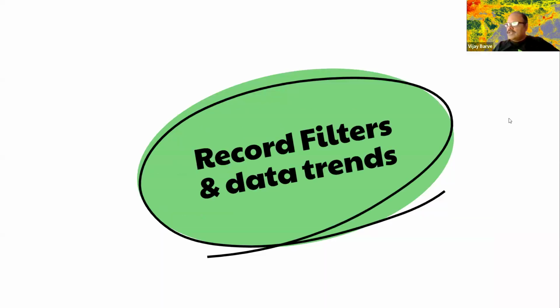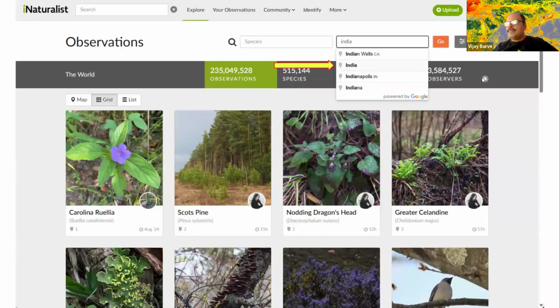First, I'll start with record filters and data trends, and how to explore them. For filtering data, you click on the Explore menu item. Once you click on that, you see all the records in iNaturalist, which is currently around 235 million records.